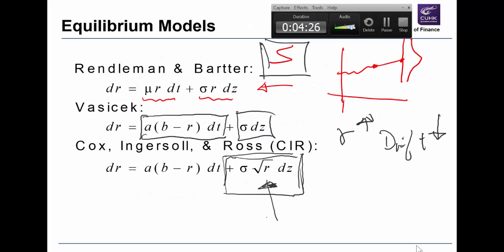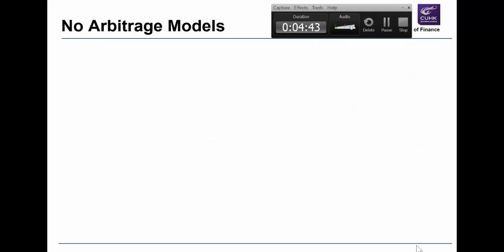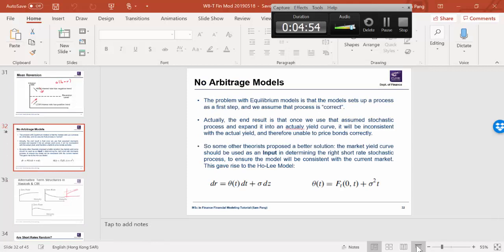We talked about how you would model short rates, and this is modeling it using what's called the equilibrium models. And then I showed you another approach, which is another class of models called no arbitrage models.